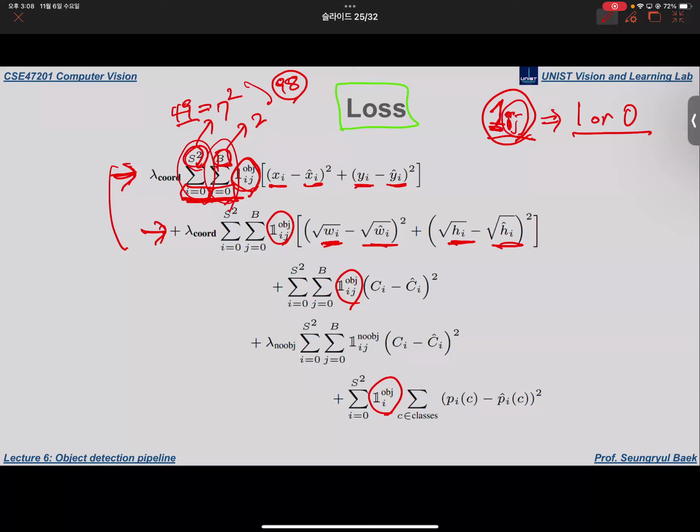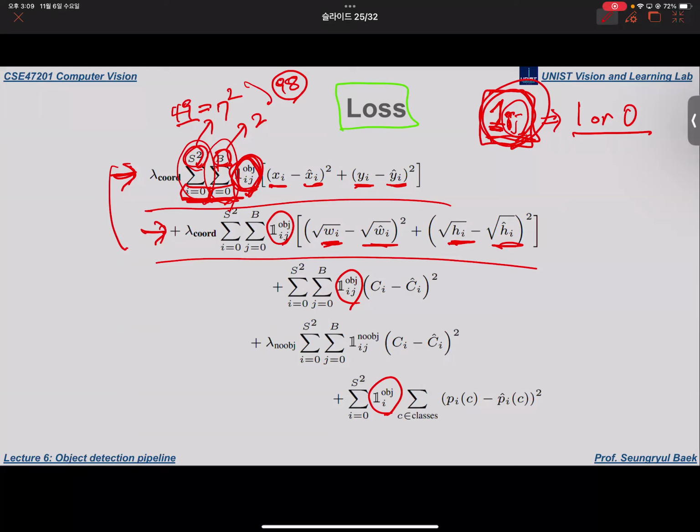If that grid has the object, then this value becomes 1, and we apply the bounding box rules for that grid. But if that grid does not have an object in the ground truth, then this value becomes 0, and we will not apply the bounding box rules for that grid.